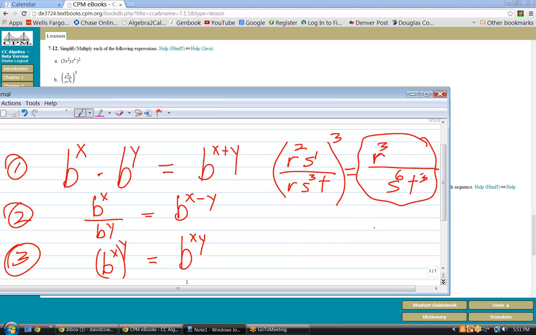Now, you could write it like this: r cubed s to the minus 6 t to the minus third. But a lot of times on your tests, they'll tell you no negative exponents in your answers. So you want to end up turning it into positive exponents.